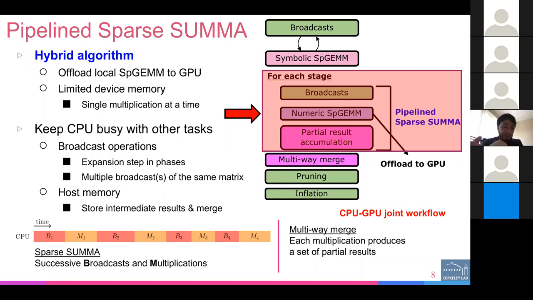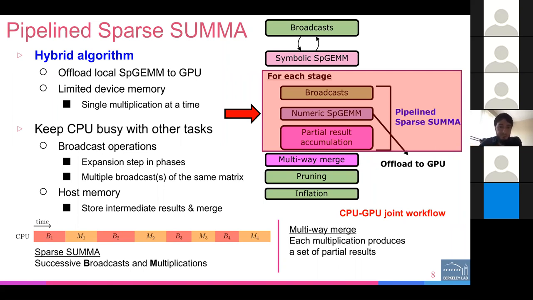This is illustrated in the figure below, where Bi and Mi respectively denote the broadcast and multiplication at stage i. While the GPU is busy with the multiplication in the second stage, indicated with M2, the CPU can go ahead and perform the broadcast in the next stage, indicated with B3.